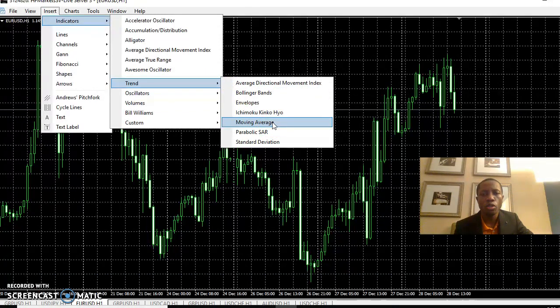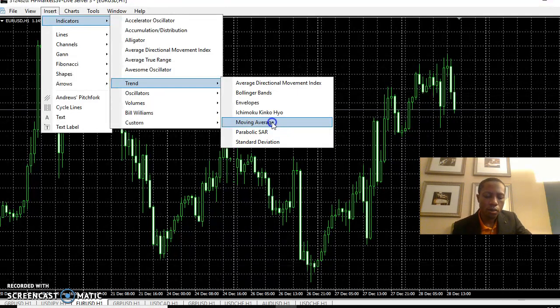You're supposed to use the 10 moving average, the 14 moving average, and the 50 moving average on the candles: the exponential 10, the exponential 14, and the 50 simple moving average. That's what the top traders in the world use.